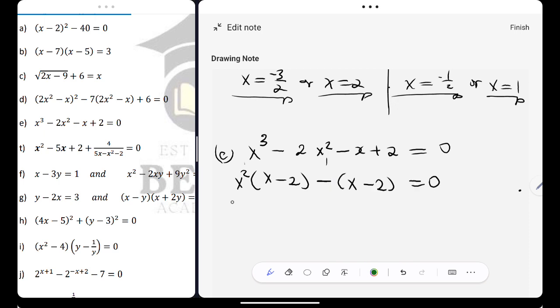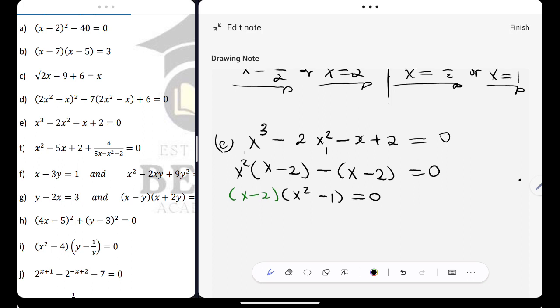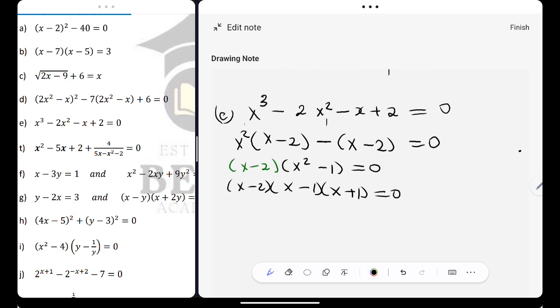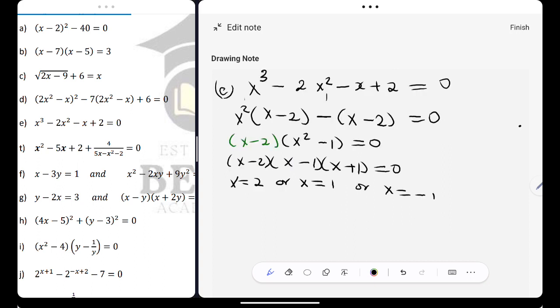My common factor is x minus 2, and whenever I take it out, I'll be left with x squared minus 1, equal to 0. Then I have x minus 2, x minus 1, because of the difference of two squares, and x plus 1. And then this will give me x is 2, x is 1, or x is negative 1.